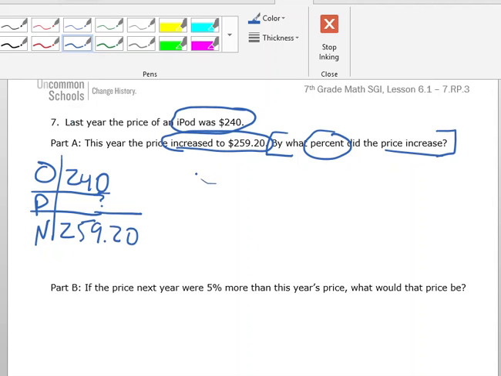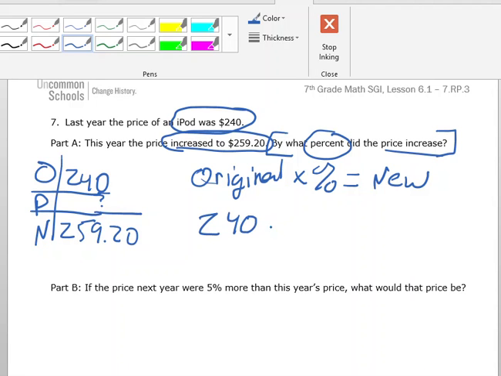But I'm still going to do original times percent is equal to new. And so I'm going to go 240 times, we'll call it P, equals 259.2.